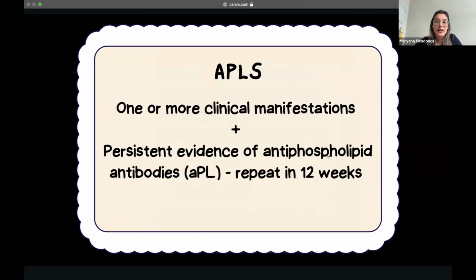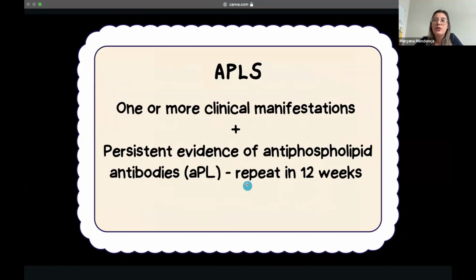So how can we make this diagnosis of antiphospholipid syndrome? We need one or more clinical manifestations, such as arterial or venous thrombosis, associated with persistent evidence of antiphospholipid antibodies. And what do I mean by persistent here?